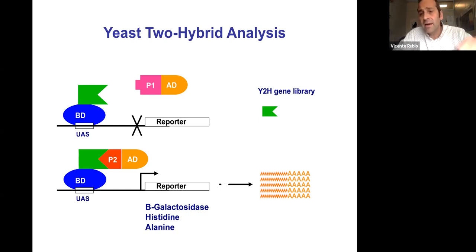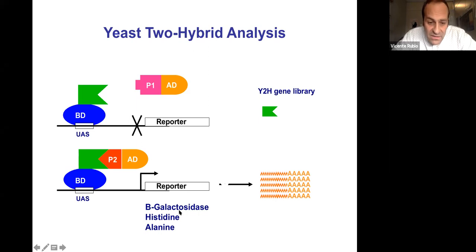So we can switch these proteins to test in the two directions. When these two proteins interact, we get induction of the expression of a reporter gene. Usually it's the beta-galactosidase enzyme, or enzymes that allow synthesis of specific amino acids for which the yeast strain we are working with shows auxotrophy.